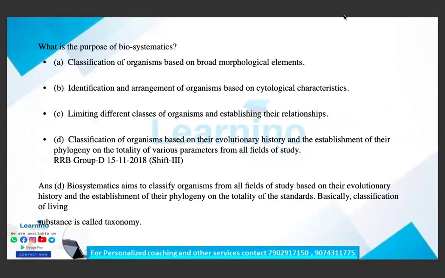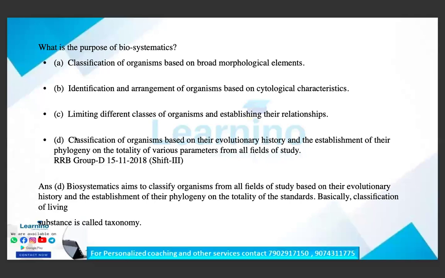What is the purpose of biosystematics? Answer: classification of organisms based on their evolutionary history and the establishment of their phylogeny on the totality of various parameters from all fields of study. It is called biosystematics.